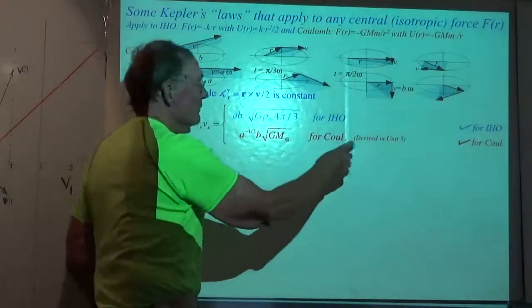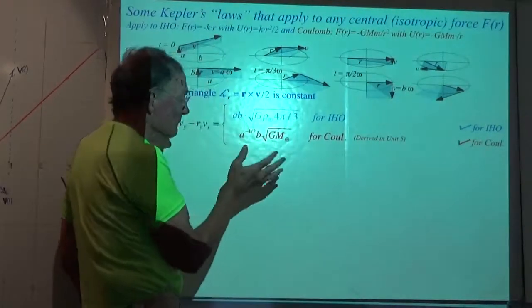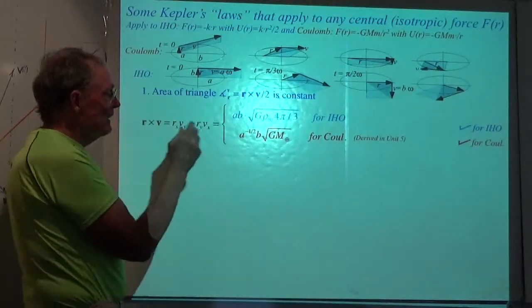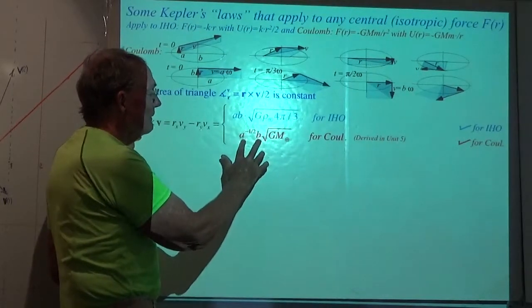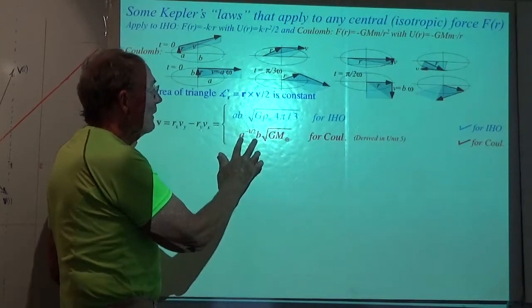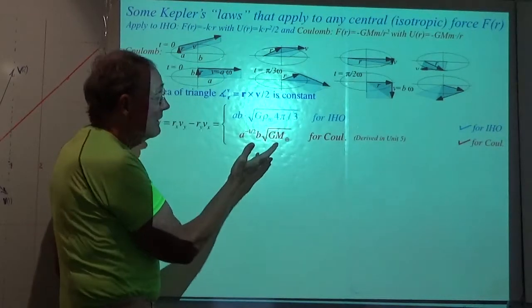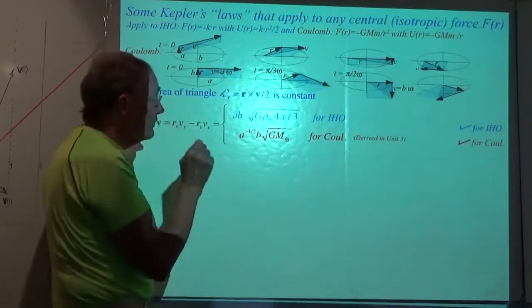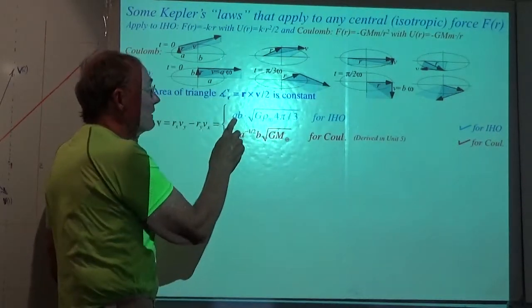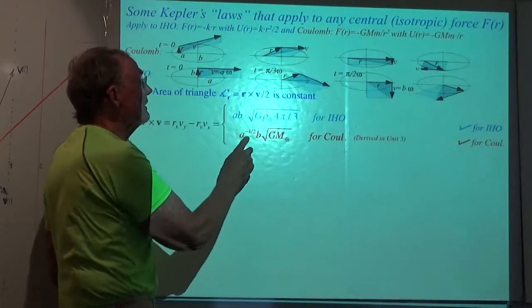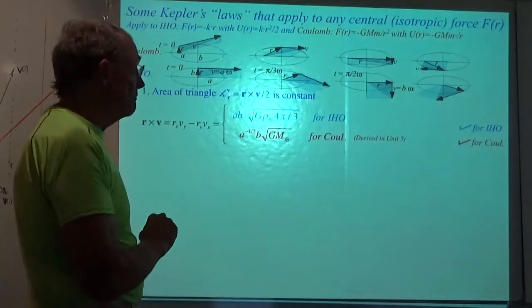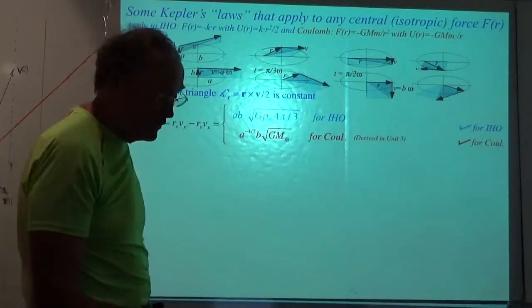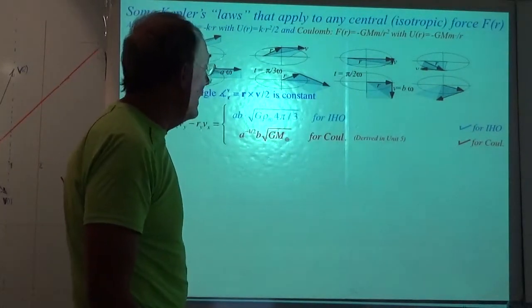But for the Coulomb, and this is derived in Unit 5, and you may have already seen it in sophomore physics or junior mechanics, it is a function of A and B of the ellipse. Also, instead of being the product of A and B, it's the product of B and the inverse square root of A. We have to think a little bit about how that happened.